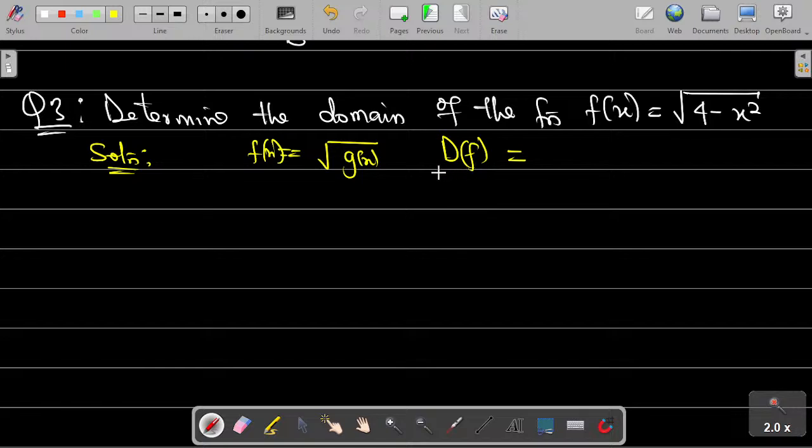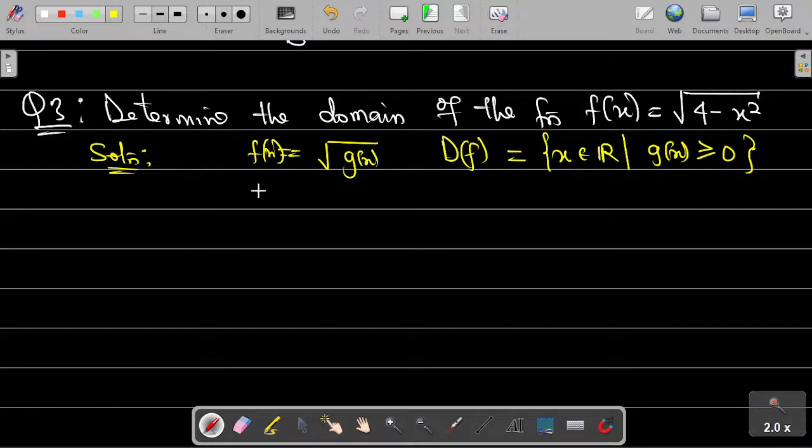So in other words, the domain is all the values of x in real numbers such that your g of x will not be negative. That means for it not to be negative, it should be greater or equal to 0. That's the meaning mathematically. For a number not to be negative, it has to be greater or equal to 0.